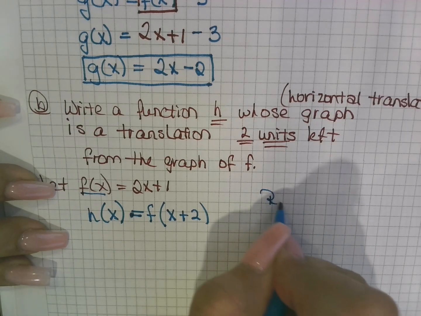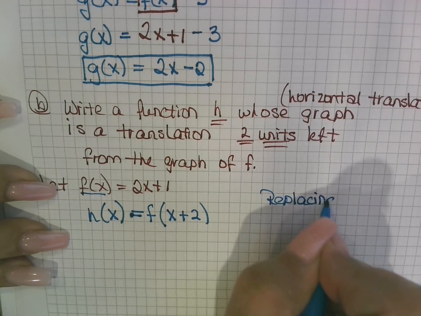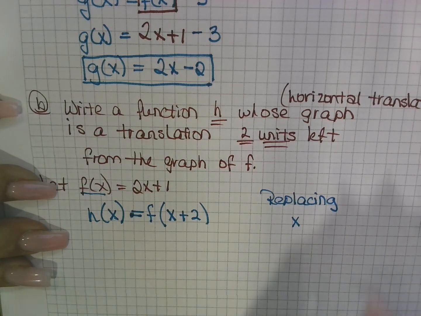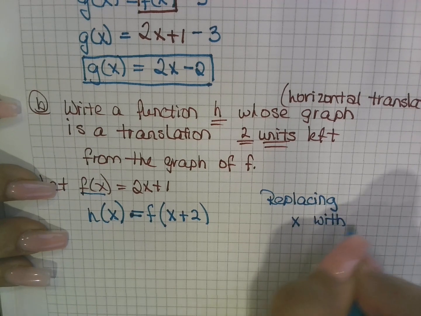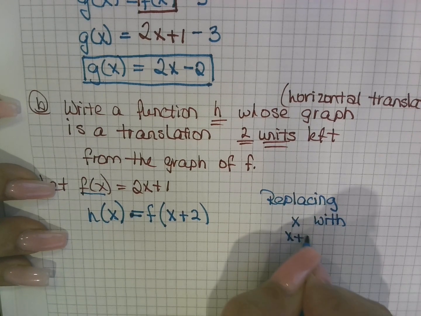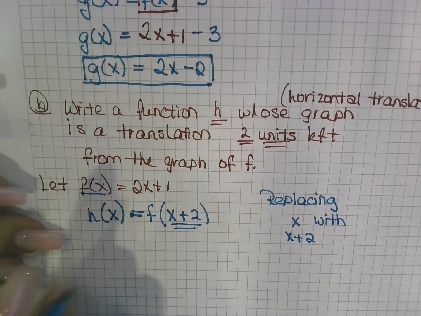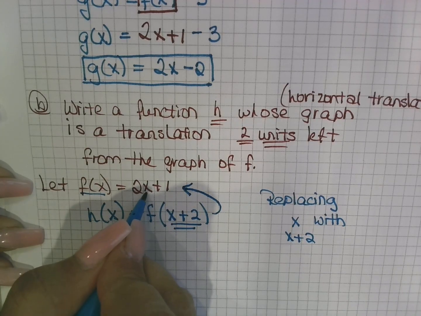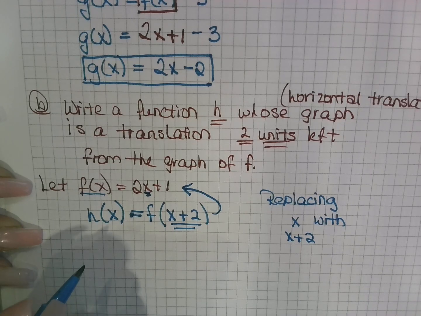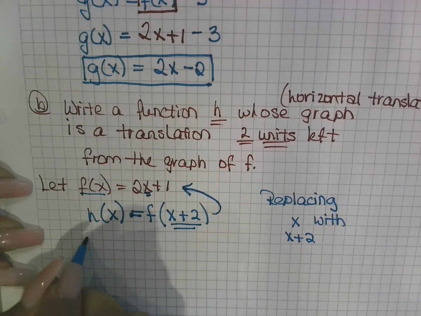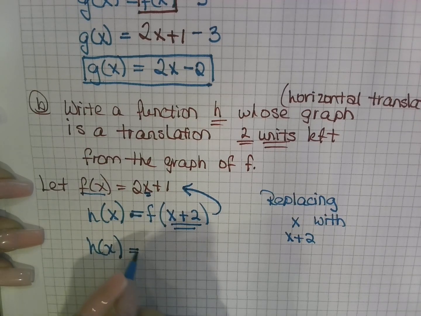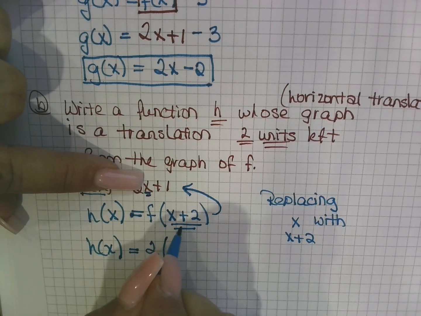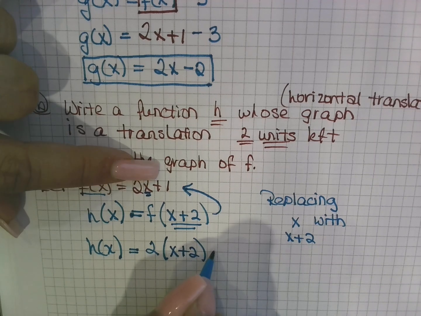So you are replacing x. We're going to simplify this. We're going to replace x with x plus 2. So here we're going to go back to the function f of x, and wherever there is an x, which is right here, instead of writing x, we're going to write x plus 2. So h of x equals, you have the 2 from the original function, and then you have the x, but instead of x, we're going to put x plus 2, and then your plus 1.